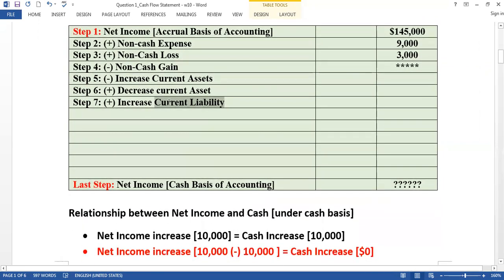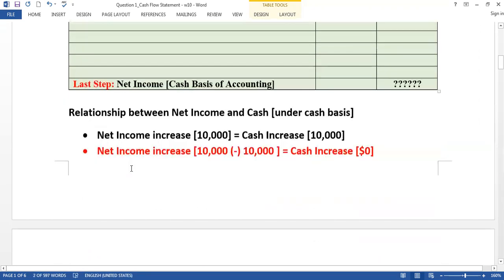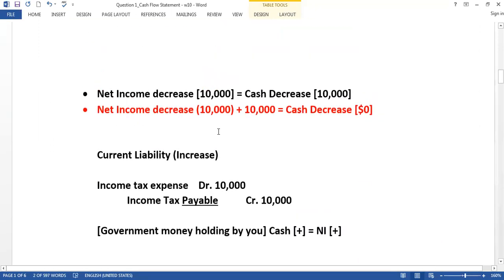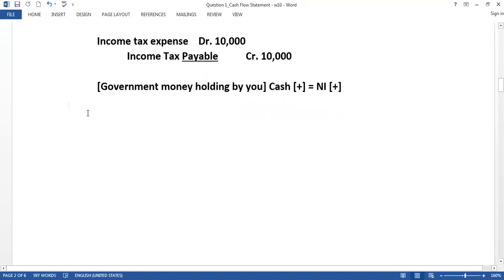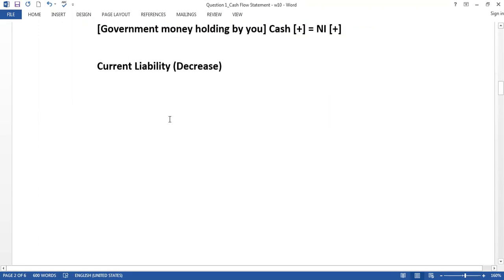Increase current liability means other people's money you are holding, so you make it plus. Now look at the example of current liability decrease. We know that liability increased is credit, liability decreased is debit.